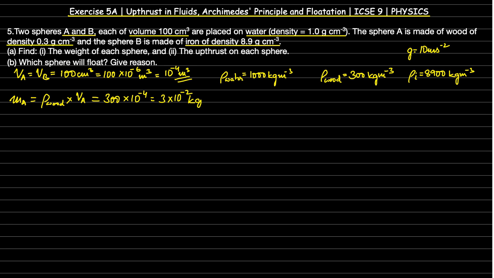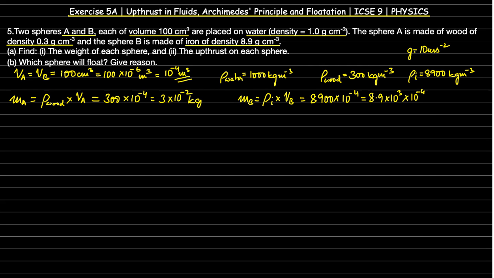Similarly, we will be finding MB, that is mass of B, that would be equal to, now B is made up of iron, so I would take rho of I into V of B. So rho of I, we got it as 8,900 into V of B, we know it as 10 to the power of minus 4. Now we can write this as 8,900 can be written as 8.9 into 10 to the power of 3 into 10 to the power of minus 4 remains as it is.